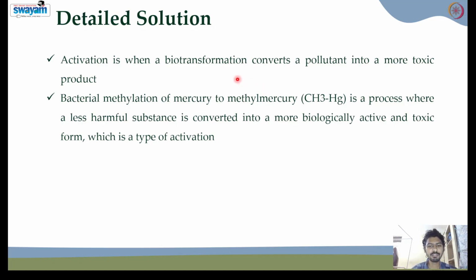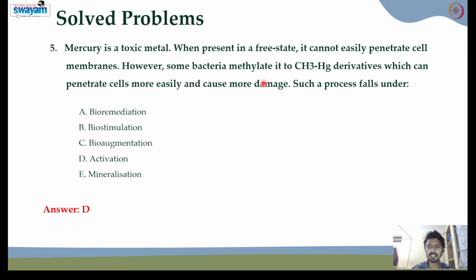If a high amount of methyl mercury enters the bacterial cells, it causes more damage, so they become more toxic to the cells. The bacteria which methylated it get damaged, killed or inhibited. This we call activation. So this scenario is best suited for activation.